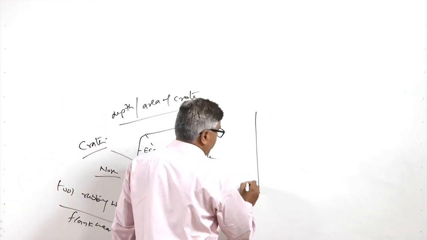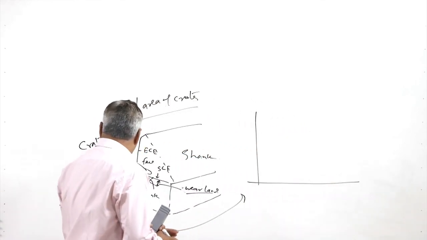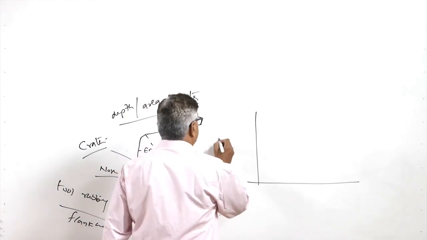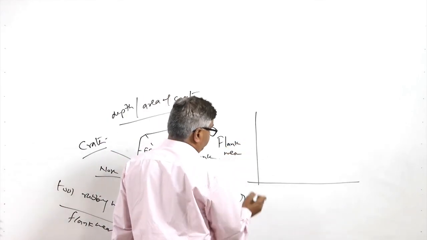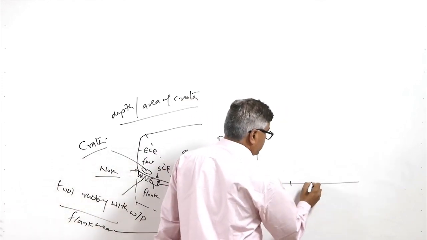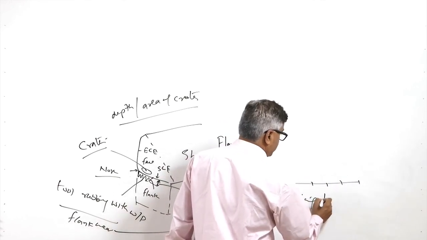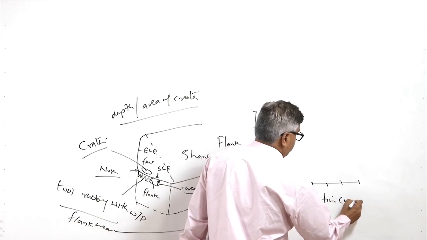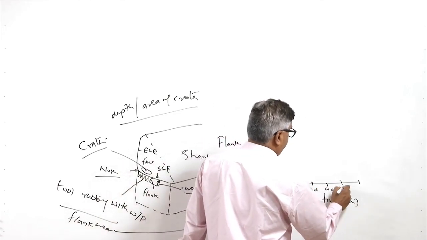So, if we try to quantify the flank wear as a function of time, like this, this is the machining time in minutes, say 10, 20, 30, 40, 50.